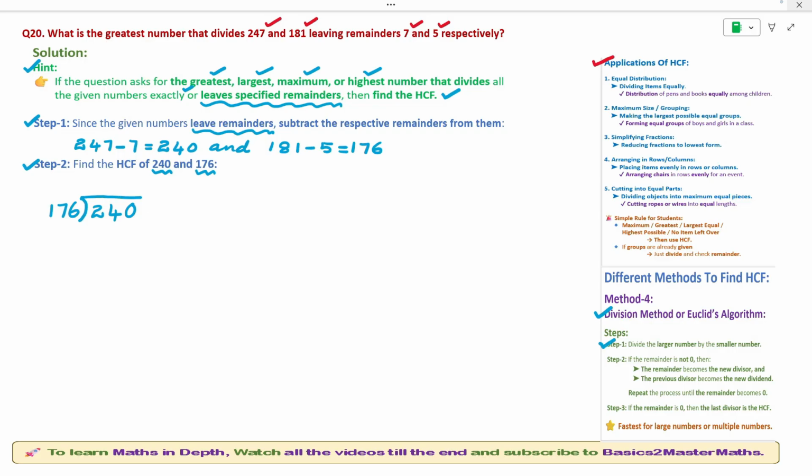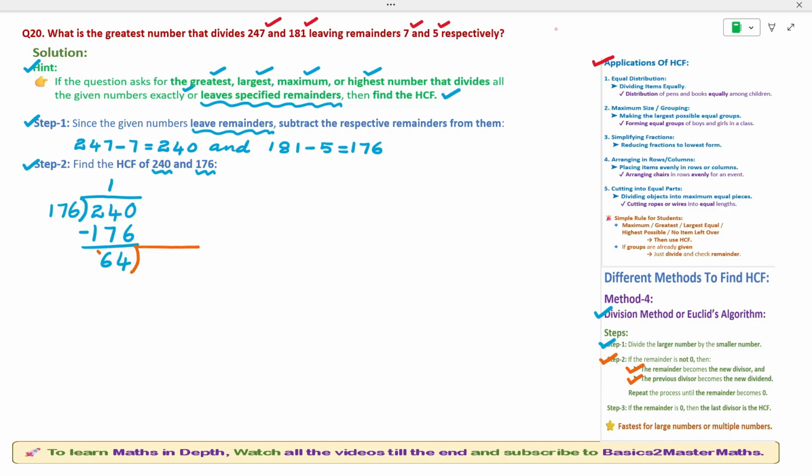Step 1. Divide the larger number by the smaller number. In this case, when we divide 240 by 176, we get 1 as the quotient and 64 as the remainder. Step 2. If the remainder is not 0, then the remainder becomes the new divisor and the previous divisor becomes the new dividend.